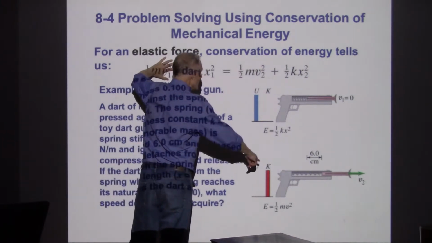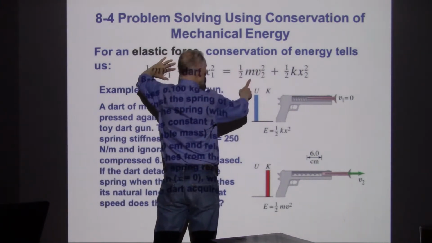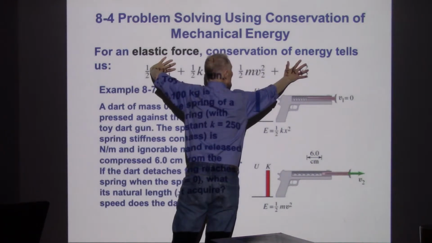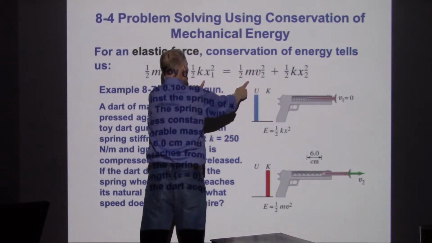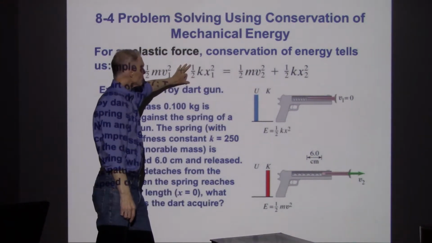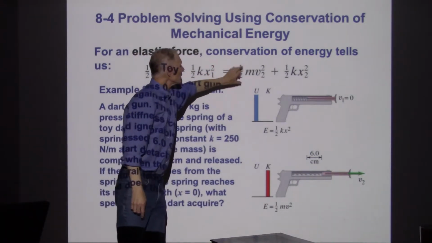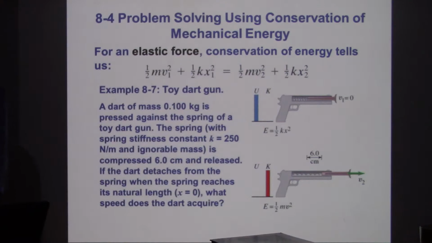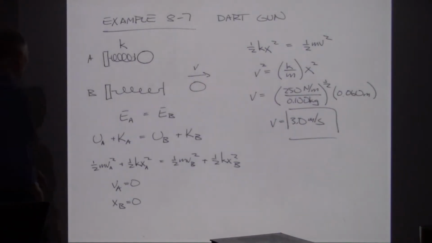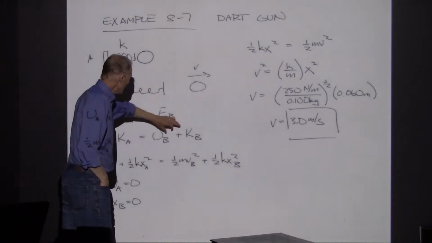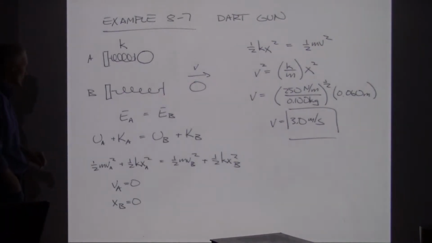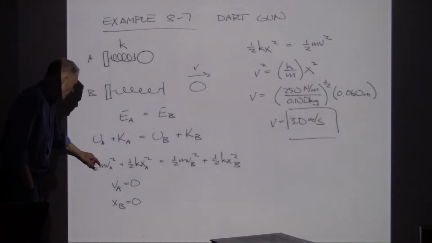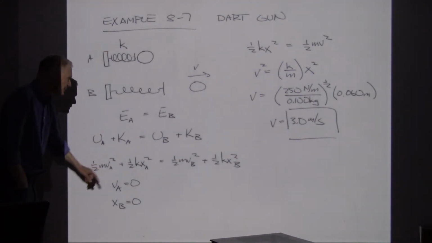Then in picture B, the dart is moving, but the spring no longer has any energy. So I think those two terms are going to go to 0, and it's going to come down to this: 1/2 k x1 squared is equal to 1/2 m v2 squared. We take the mechanical energy in picture A and set it equal to the mechanical energy in picture B. The dart turned into a projectile of some sort. V_A is equal to 0, x_B is equal to 0.